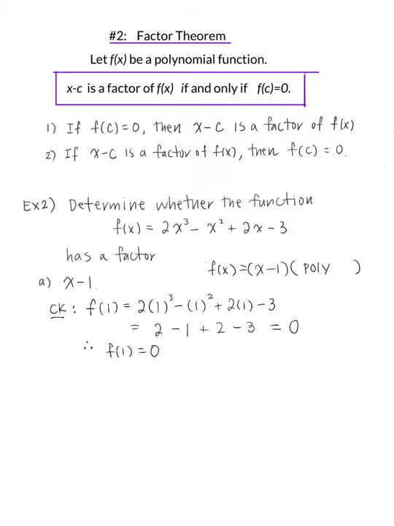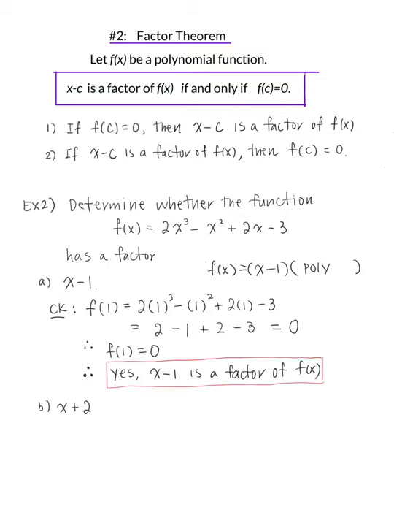So that means that if I divide our f of x by x minus 1, the remainder is going to be 0. All right, so therefore, yes, x minus 1 is a factor of f of x.